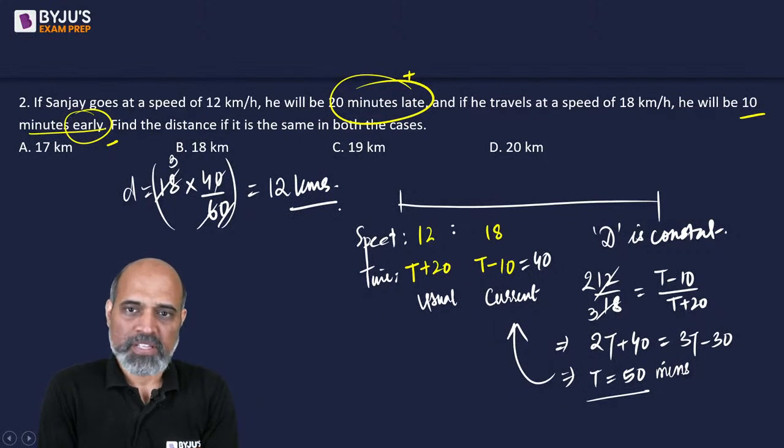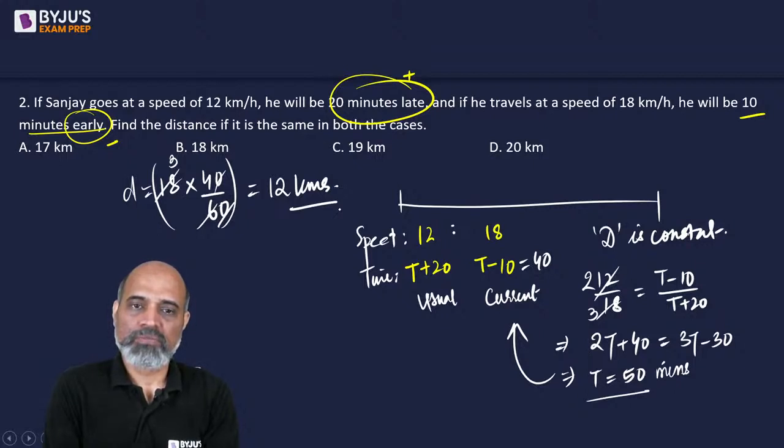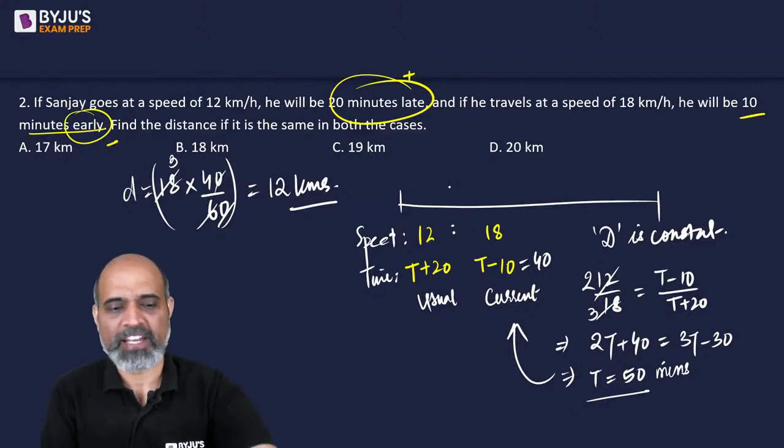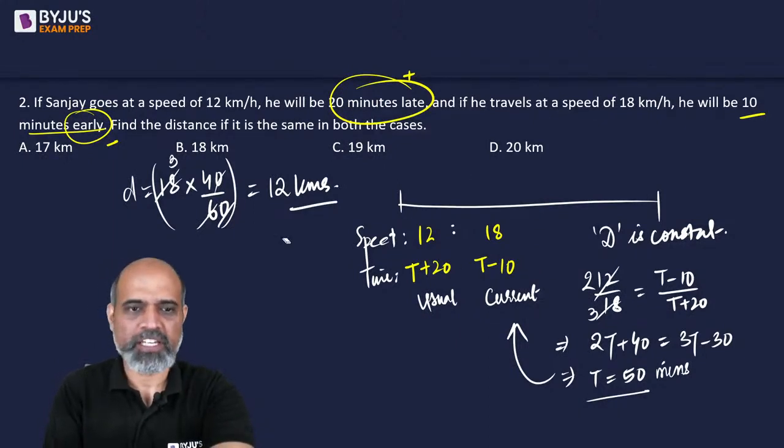Hold on. If he travels at a speed of 18 km per hour, he will be 10 minutes early. Why am I finding out the current time? Sorry, I don't need this 40.